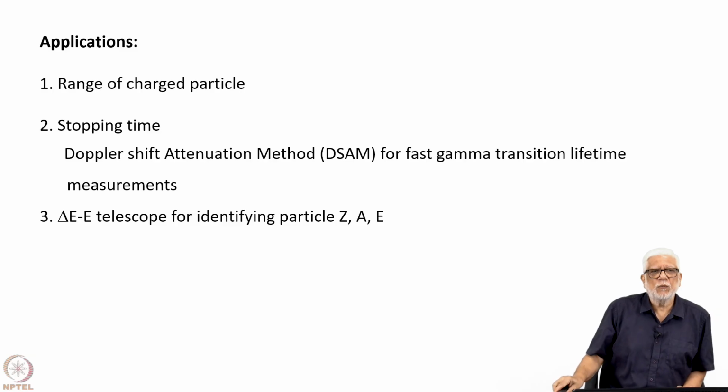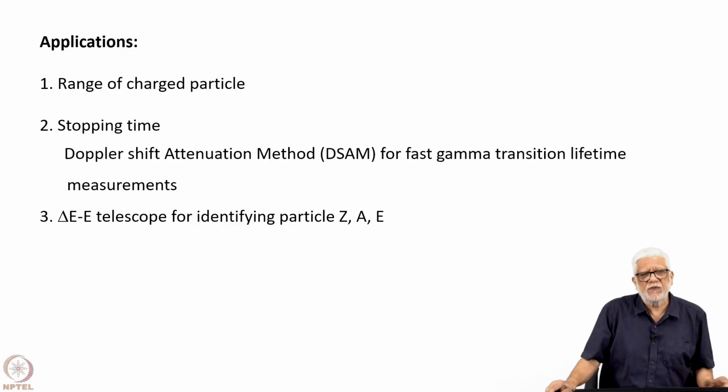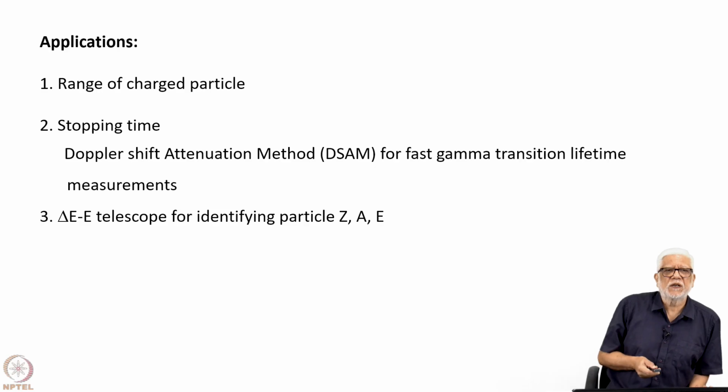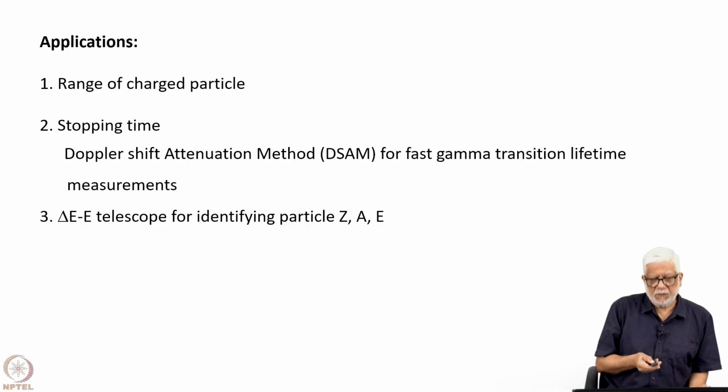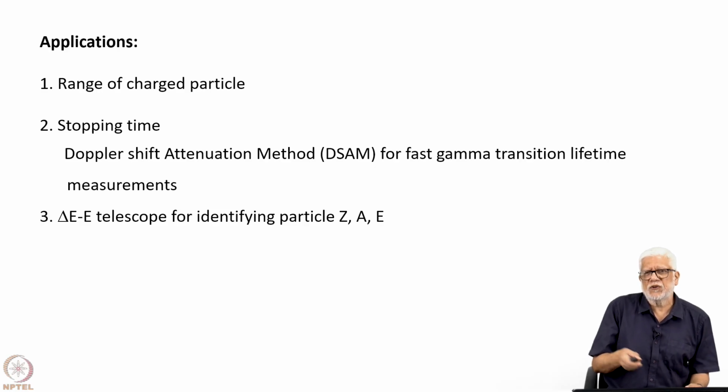Okay, now, of course, this is applied everywhere in nuclear and particle physics, but as part of all the simulations of detectors and so on, we will just talk about three simple applications. Namely, what is the range for a charged particle given this kind of formulation of the stopping power, what is the stopping time, and this is useful in, for instance, estimating the lifetimes of excited states in nuclei, but an analogous technique is also used for measuring lifetimes of decaying particles.